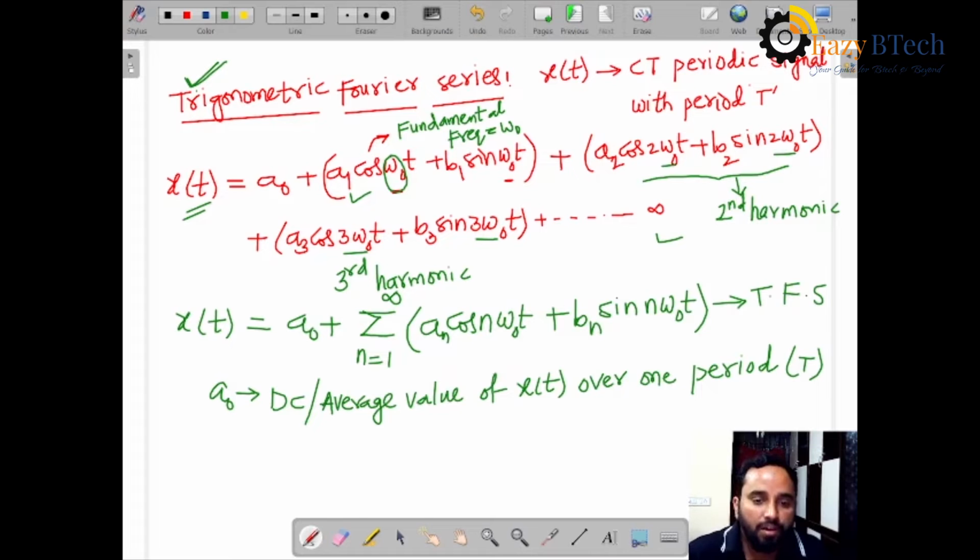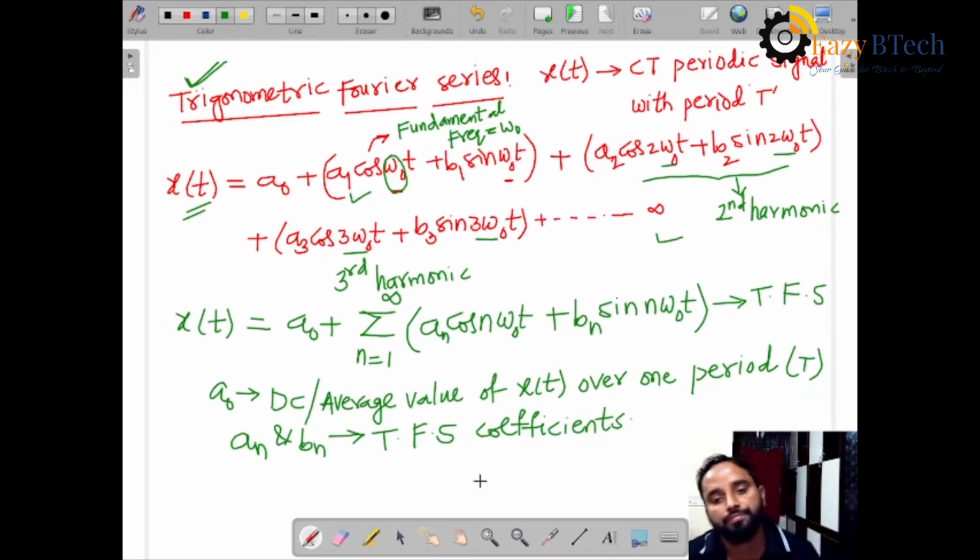And similarly, we have a n and b n. They are called trigonometric Fourier series coefficients. So this is about the trigonometric Fourier series.